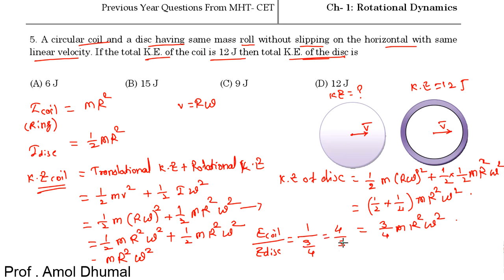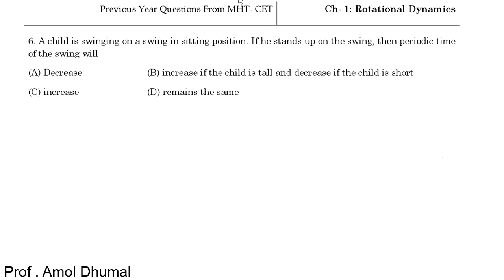So from this we can find out the kinetic energy of coil is 12 joule. So 4 by 3 is equal to 12 divided by E disk. So E disk is equal to 9 joule. So option C is the correct. Next problem.